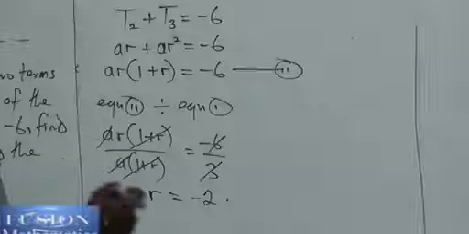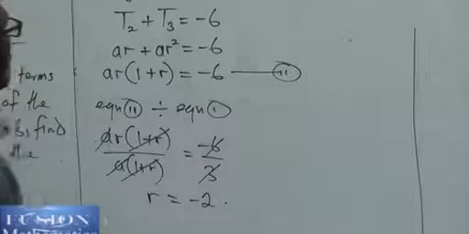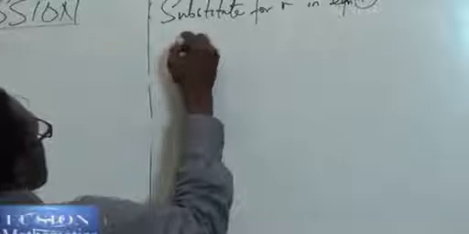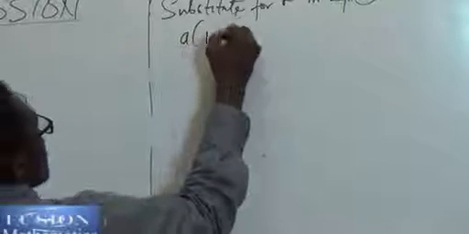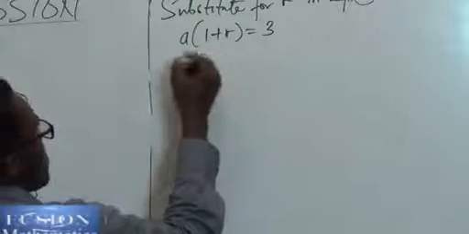Now to get the first term, we substitute for R in equation 1. So equation 1 is A bracket 1 plus R equals 3. We know R is minus 2, so where we see R, we put in minus 2.